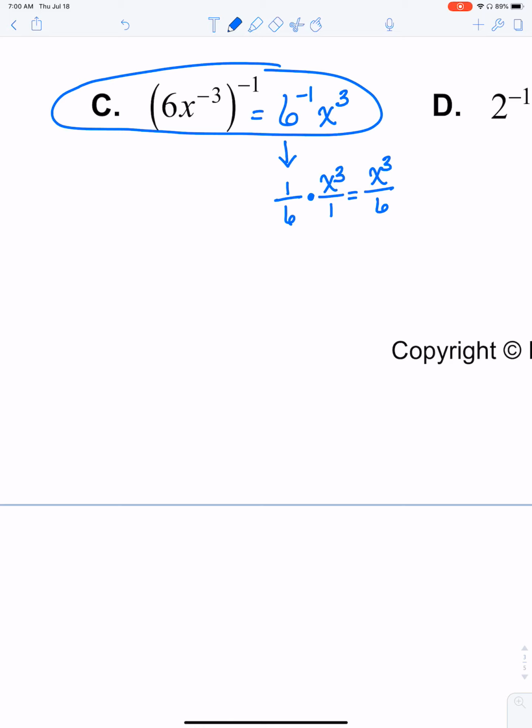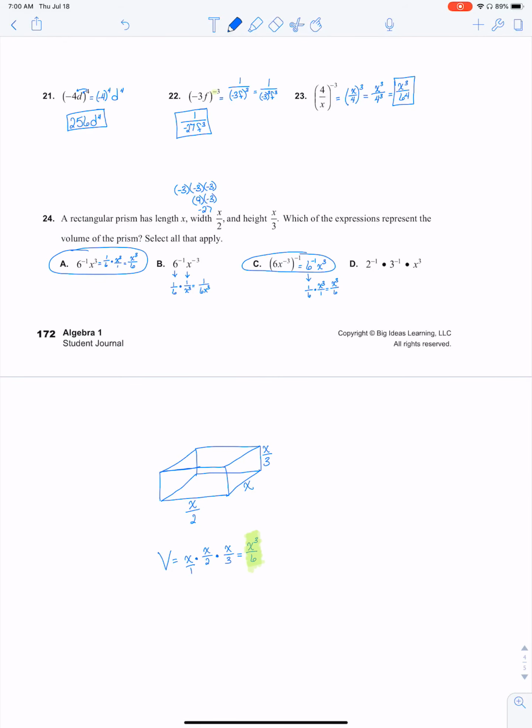So we end up with 6 to the negative 1 times x. Negative 3 times negative 1 is positive 3. The 6 to the negative 1 gets brought down, so it's 1 over 6 times x to the third over 1, which becomes x to the third over 6. That's exactly what we wanted. So part C is definitely an answer.